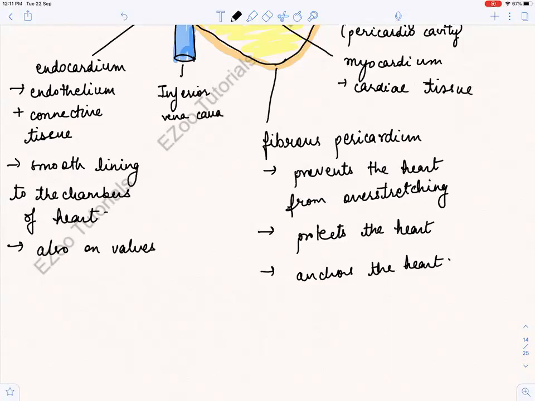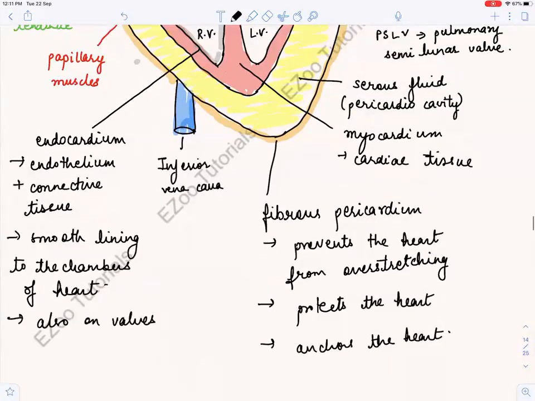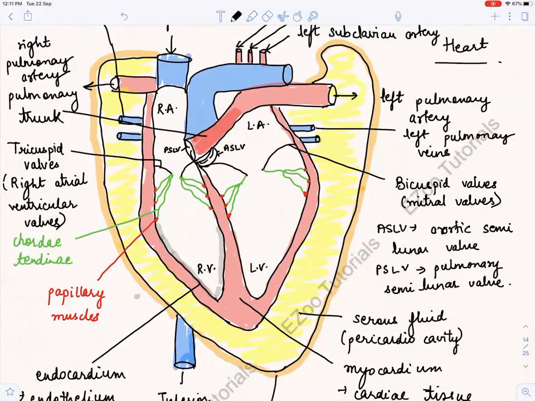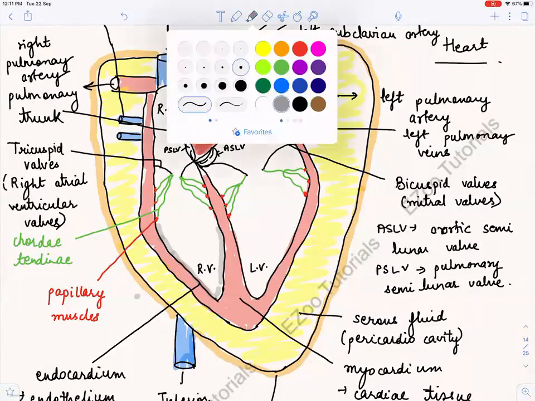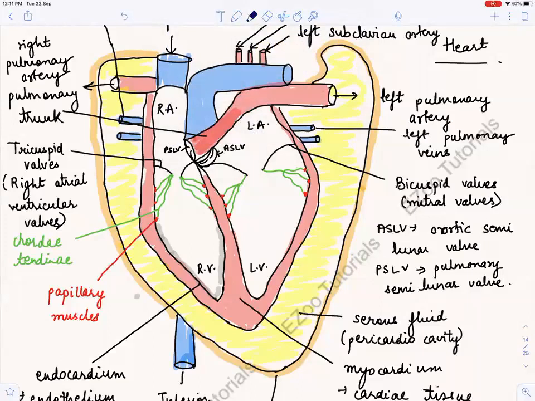Now let us see the epicardium. Where is the epicardium? You have drawn this, and now let us see the epicardium. Can you see this layer?